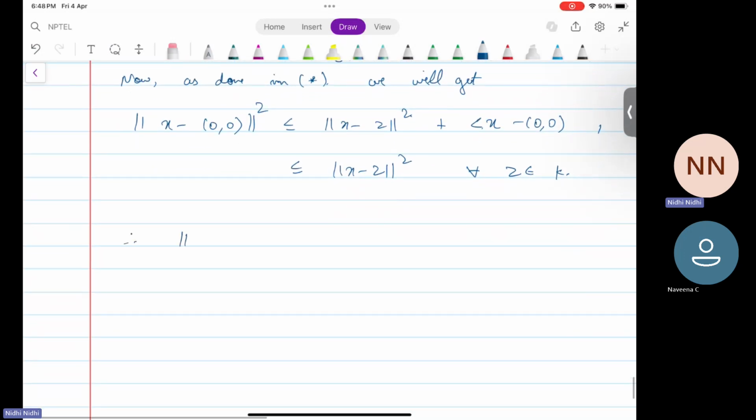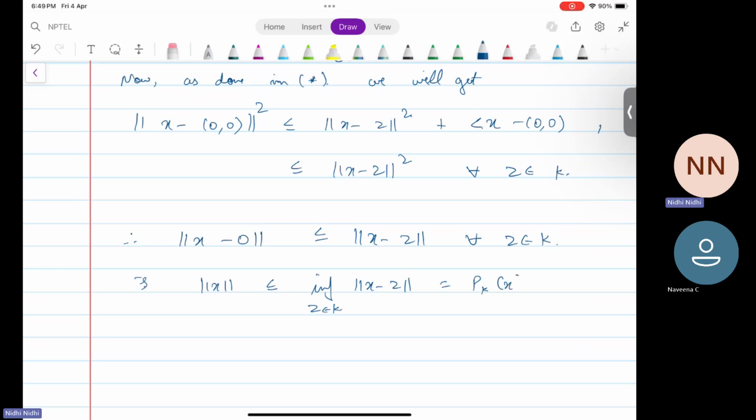Therefore, norm x squared, or let's write it x minus 0, x minus o, where o denotes the origin, is less than or equal to norm x minus z for every z in K. Again, since infimum is the greatest lower bound, we'll get norm x is less than or equal to infimum over z in K of norm x minus z, and by definition, this is P_K x.